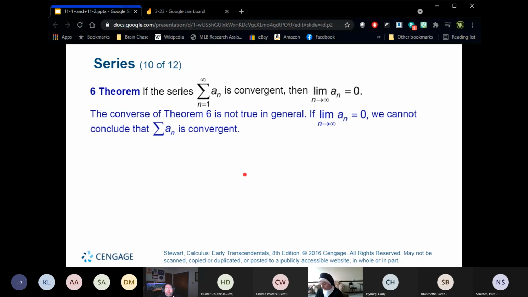Because the limit of 1 over n goes to 0, but I just showed that the series is not convergent. So one way is true. If we know it's convergent, I know it's going to 0, but I can't go the other direction.